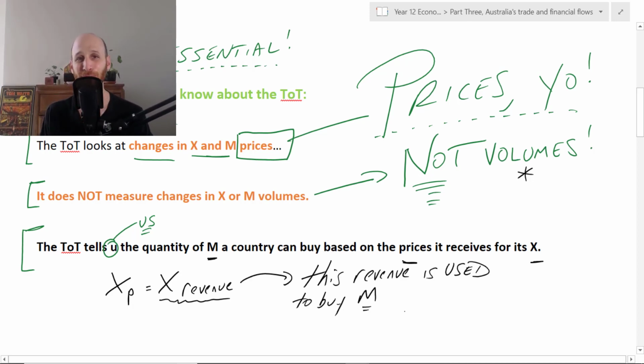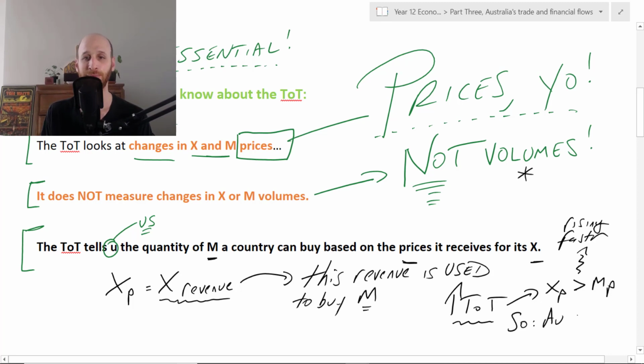This revenue is then used to buy imports. So if we have a higher terms of trade, an improvement in the terms of trade, then export prices are rising faster relative to import prices. So Australia can afford to buy more imports.